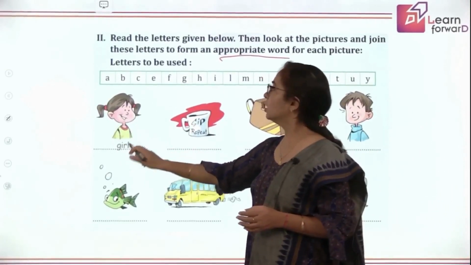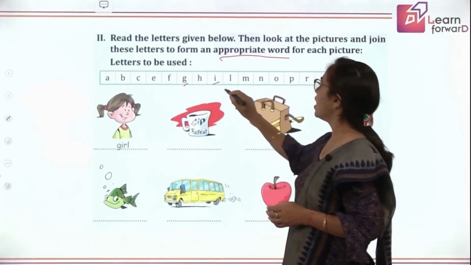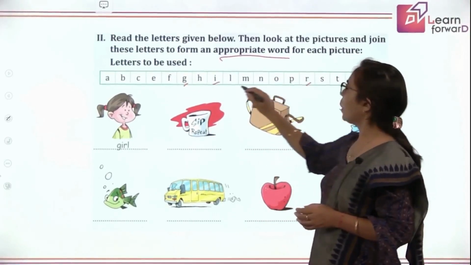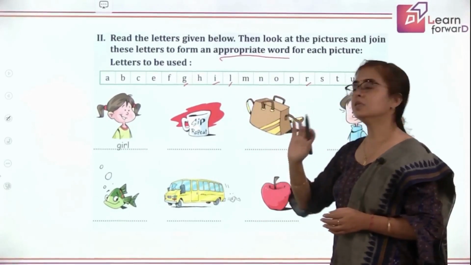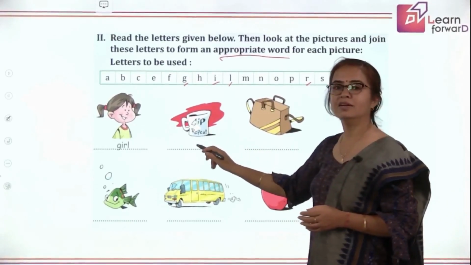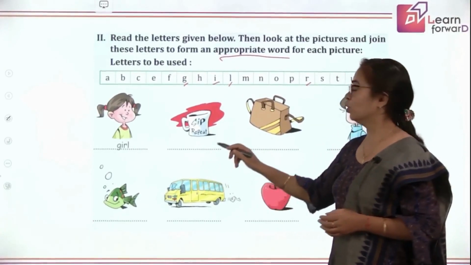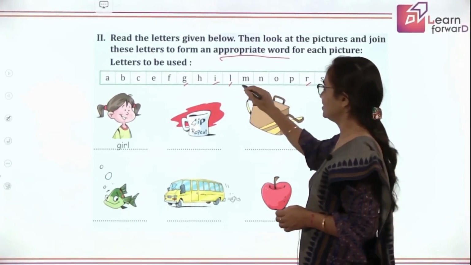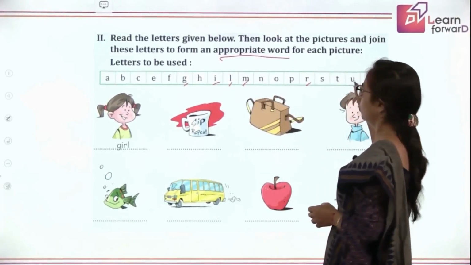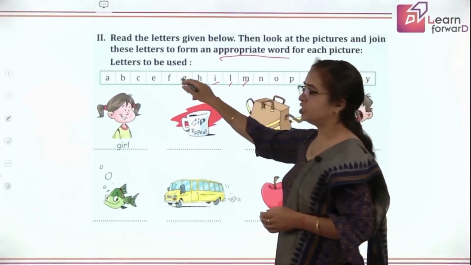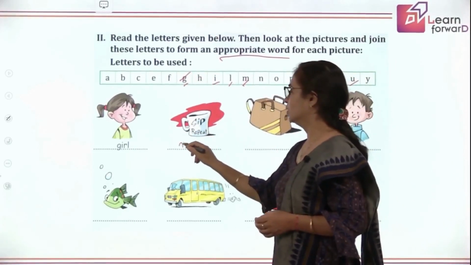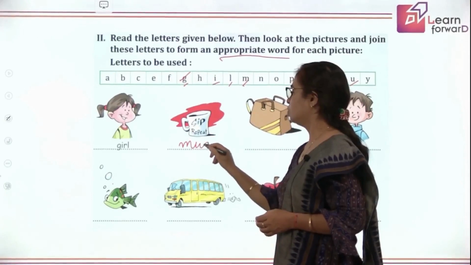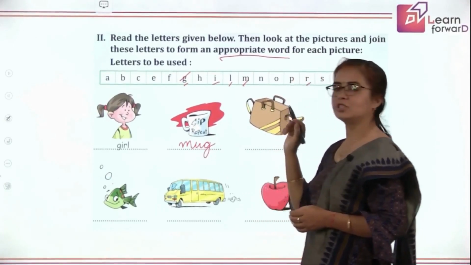So for girl, we have picked out G, I, R and L. Similarly, the second one is a, yes, good, that's a mug. Who is going to spell it out? Yes, M, U, G. Very good. So, M-U-G is the correct spelling of this.